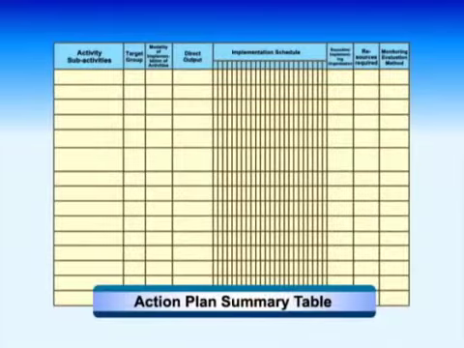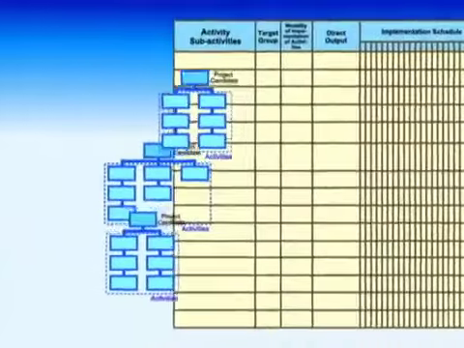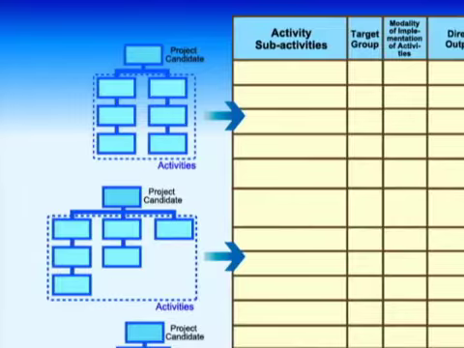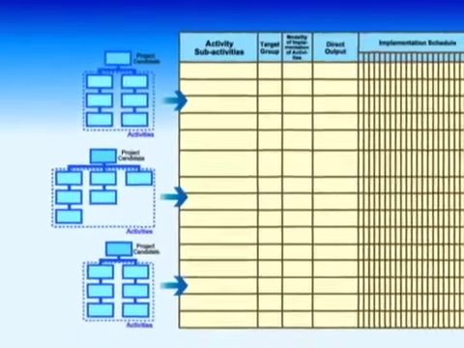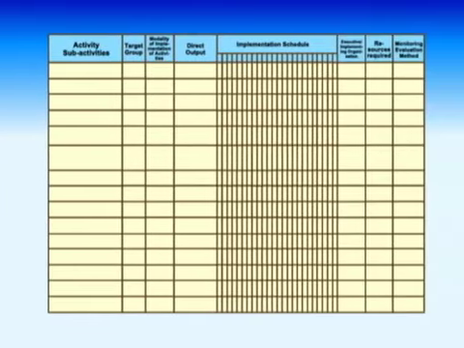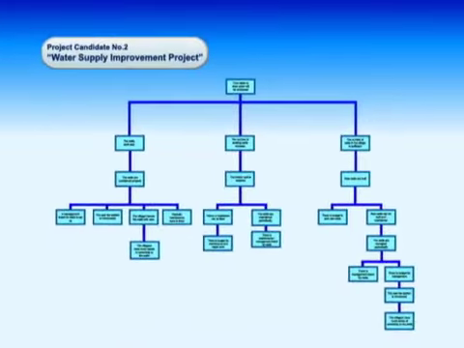In making an action plan summary table for a program, feasible project candidates are to be written in the table. Here, I will explain the items of an action plan summary table in detail, focusing on one of the project candidates, the Akihabara Village case, Water Supply Improvement Project.